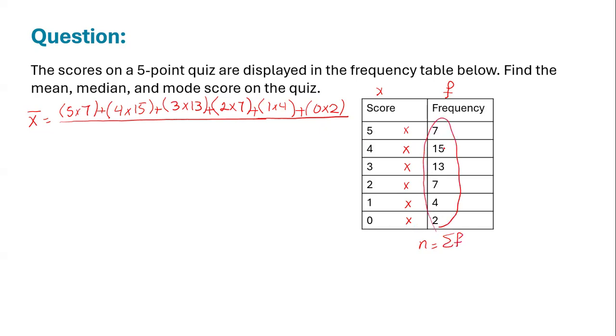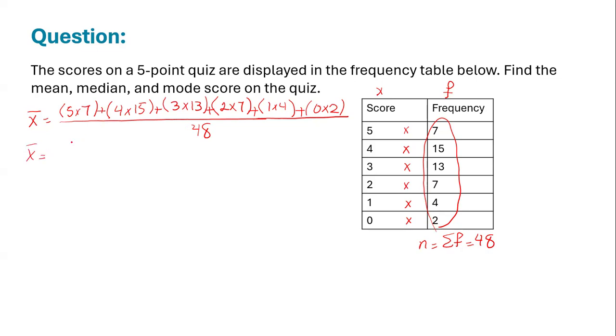What is 7 plus 15 plus 13 plus 7 plus 4 plus 2? 7 plus 15 is 22, plus 13, plus 7, plus 4, plus 2, which is 48. So I have 48 numbers. I need to divide by 48 to find the mean.